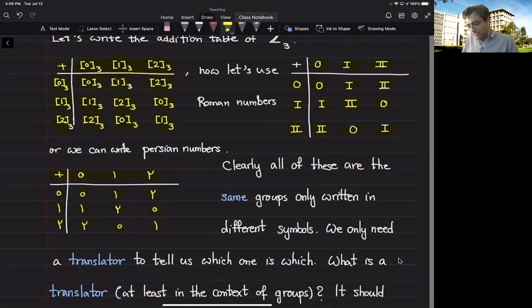Here, these are the languages that we have. We need to have a bijection. Here the bijection is that I send this one to this, I send this one to this, I send this one to this, and this bijection should send the entire table to this entire table. If we end up getting such a bijection, then at the end of the day, we are working with the same group. I'm just using a different language for it.